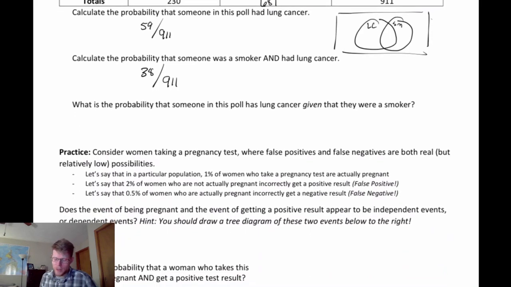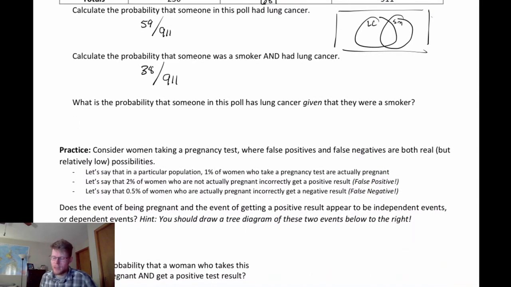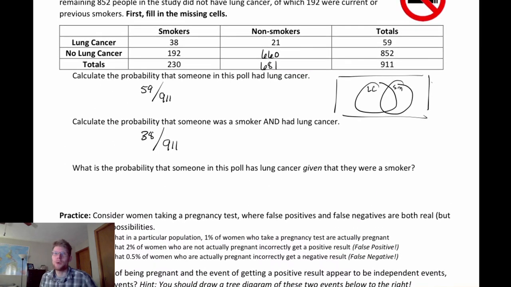What is the probability that someone in this poll has lung cancer given that they were a smoker? For conditional probability, remember the probability of A given B is the probability of A intersect B, so A and B, divided by just the probability of the condition part.